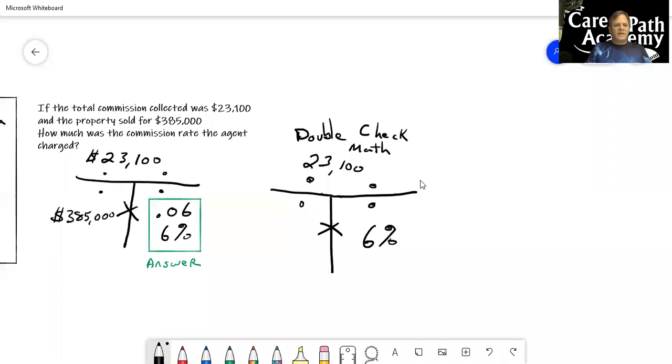This one said if the total commission collected was 23,001 and the property sold for 385, how much were you charged?